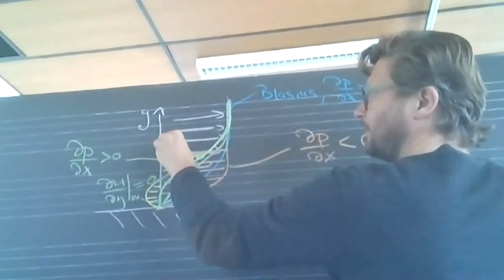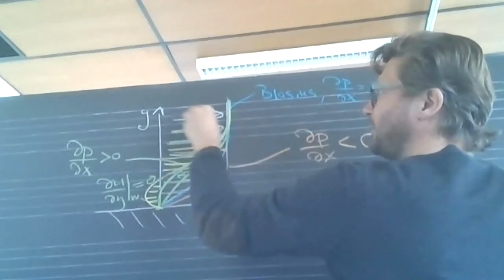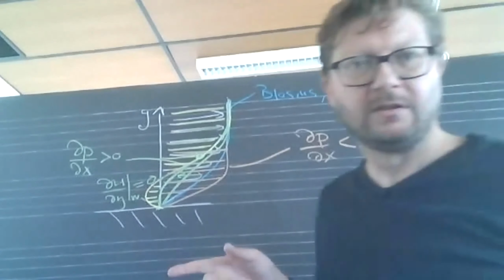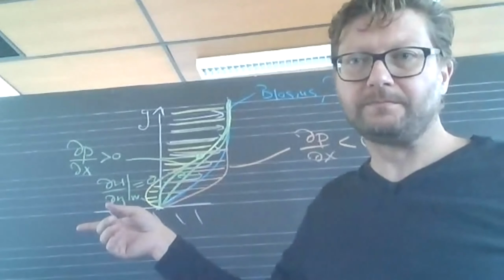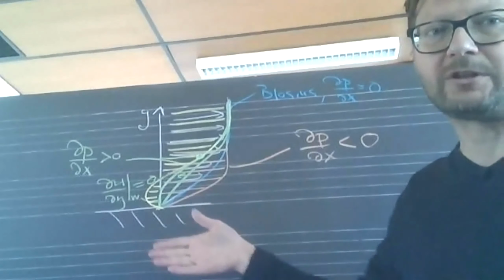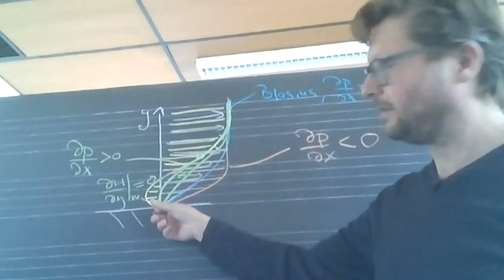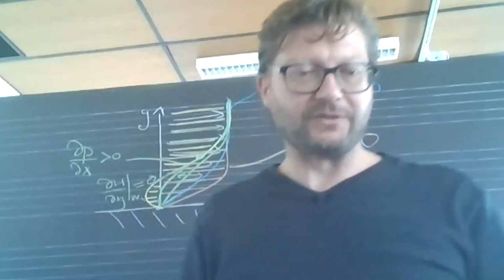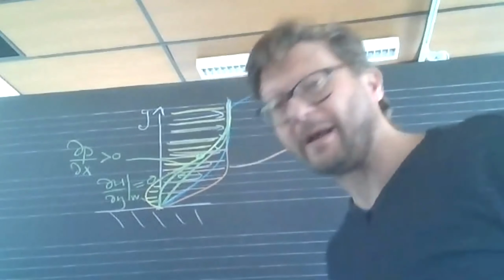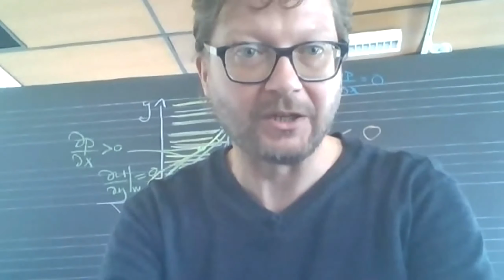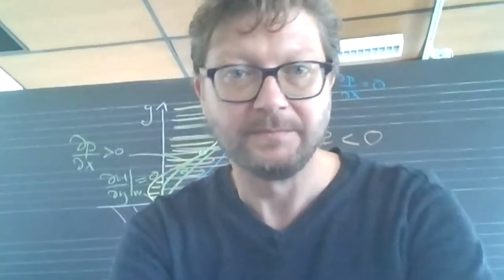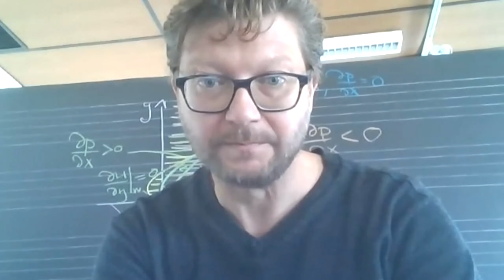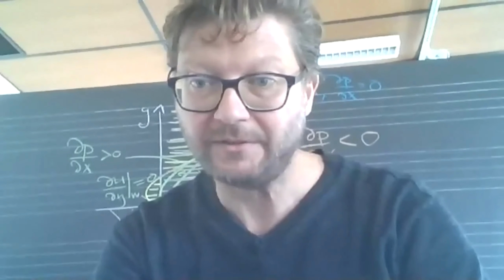So far away, it looks like a normal boundary layer, but very close to the wall, we have reverse flow. Flow is going backward. So something fundamental has happened to the boundary layer. And this is a phenomenon which is known as separation, flow separation, or boundary layer separation.